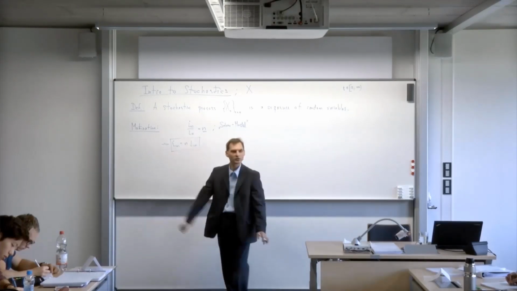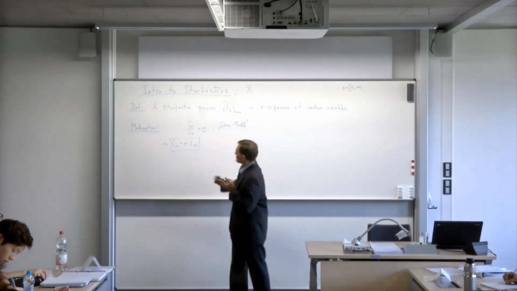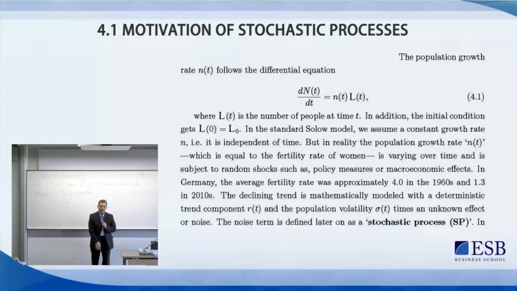If we have a second derivative, we would call it a second order differential equation. So this is a first order ordinary differential equation, a simple differential equation. And this is modeling the population growth rate, or the behavior of our labor force over time.